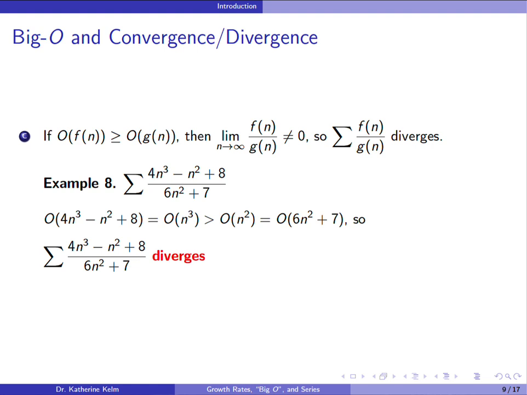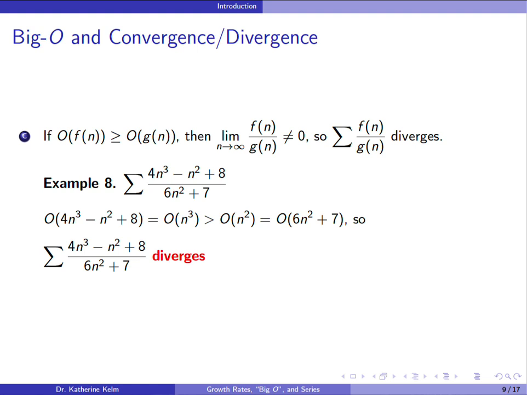So now let's get into what big O can tell us about series. If big O of f of n is greater than or equal to big O of g of n, then the limit as n goes to infinity of f of n over g of n is not going to be 0. So the series f of n over g of n is going to diverge. In example 8, we have the series 4n cubed minus n squared plus 8 all over 6n squared plus 7.